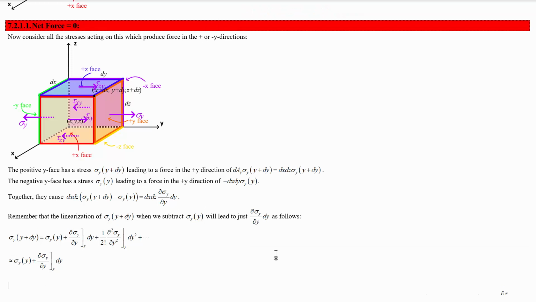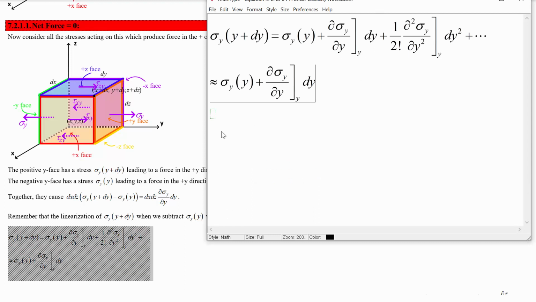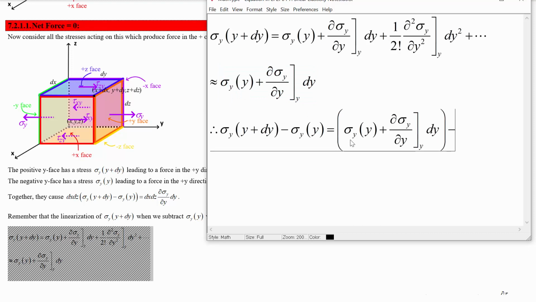Okay, so there we go. Therefore, this minus sigma y at y will be equal to this thing minus just that first term.